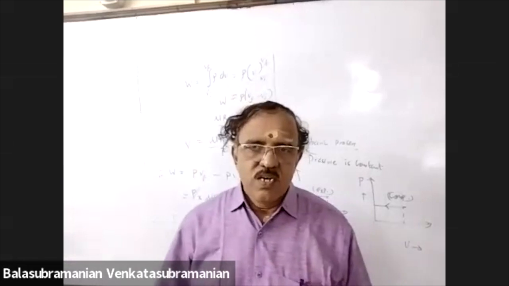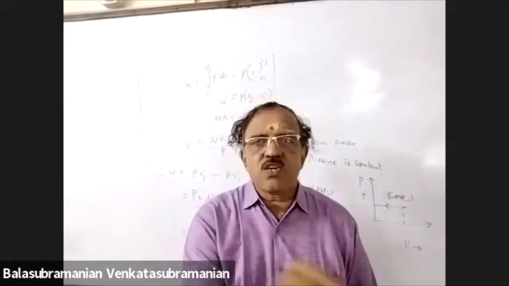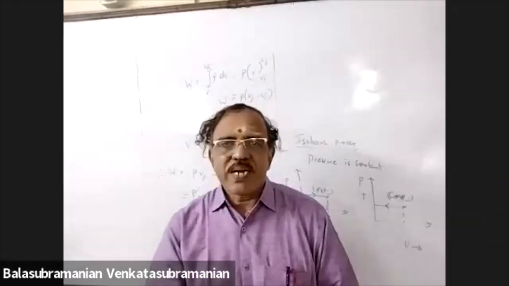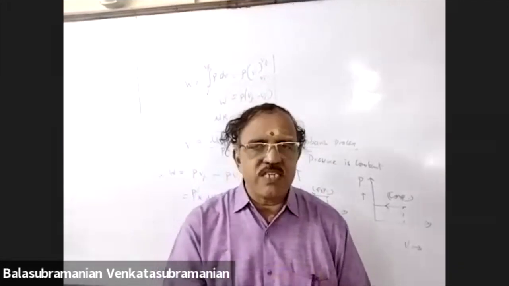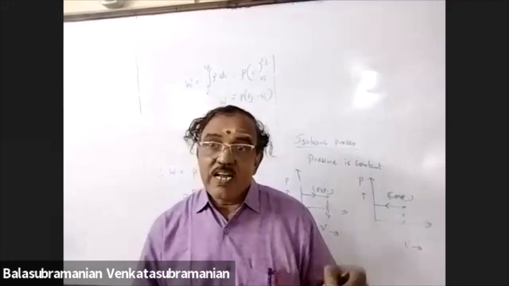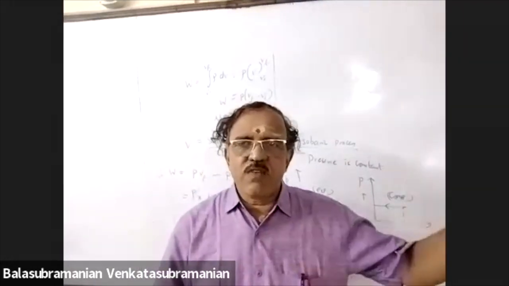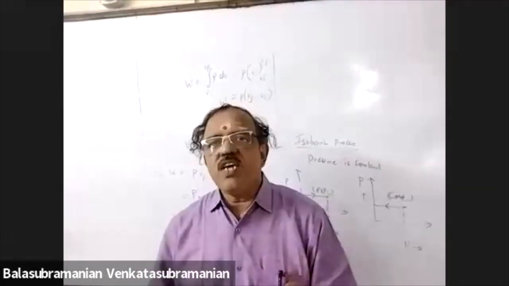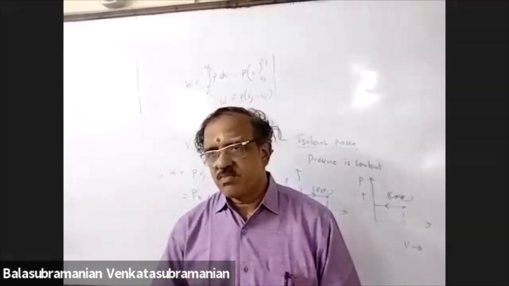Isothermal process. P into V is a constant. Pressure and volume of the system change. Temperature remains constant. Second process, adiabatic. Equation for isothermal is PV is equal to constant.